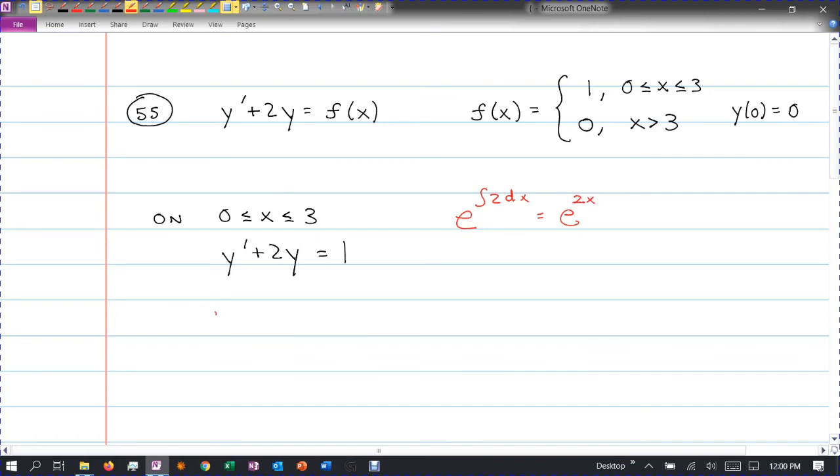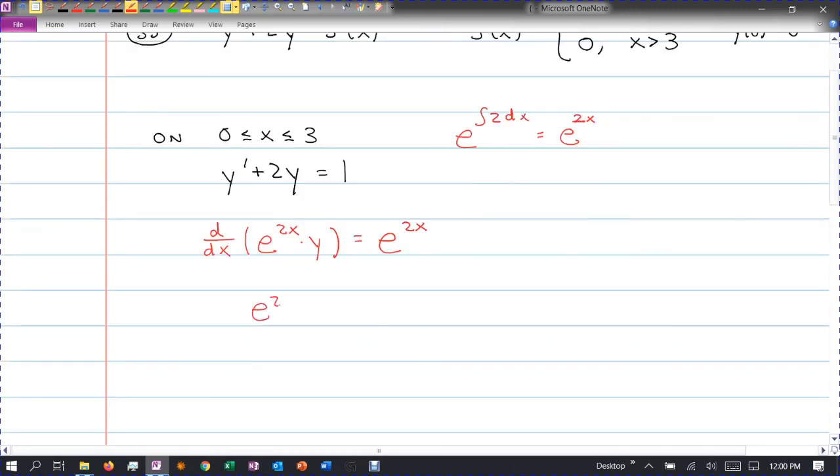Now we know that the left side is the derivative with respect to x of our integrating factor times y, and that equals 1 times the integrating factor, so just e to the 2x. Then we integrate both sides, so we get e to the 2x times y equals 1/2 e to the 2x plus some constant called c1.